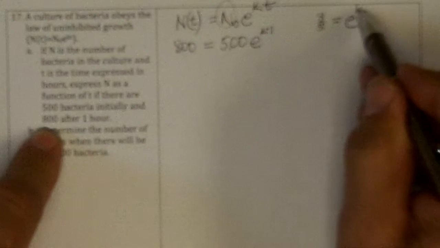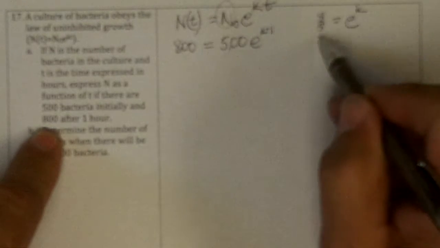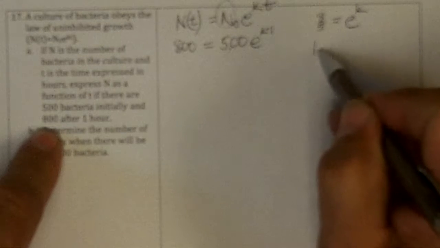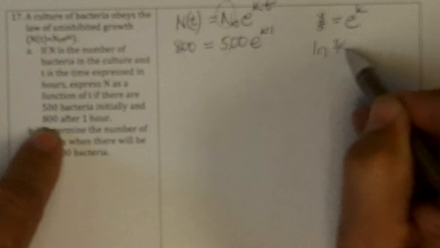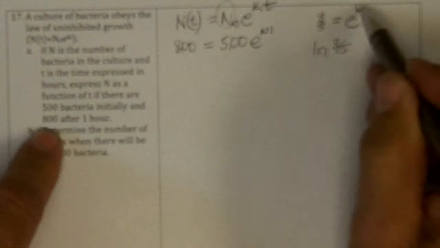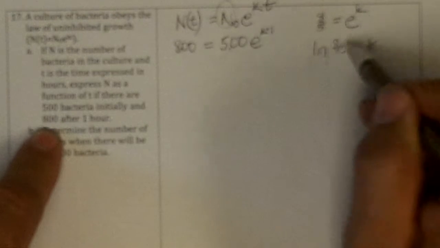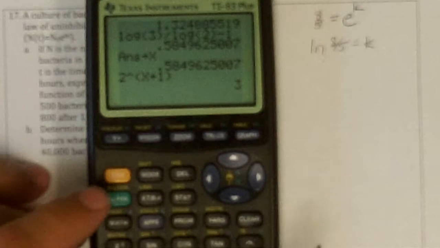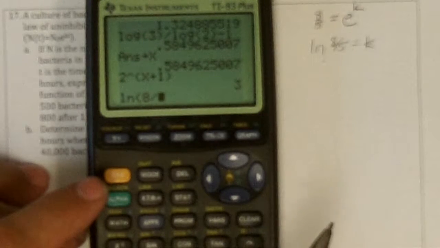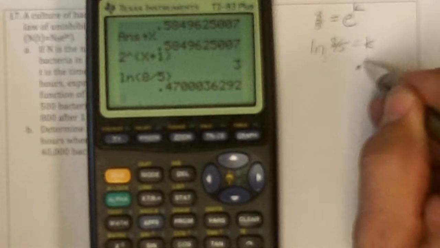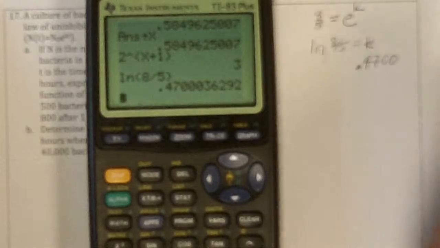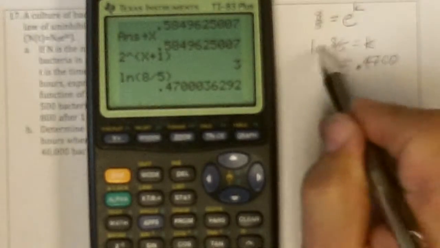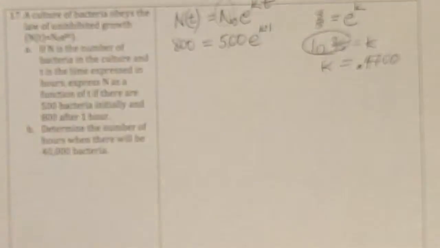The unknown is in the exponent, so we change it to a log, and this is base e, so natural log of 8/5 equals k. The natural log of 8/5 is natural log of 8 minus natural log of 5, but I can just type in natural log of 8 divided by 5, and I get a k that's 0.4700. Actually, that's the exact value of k.